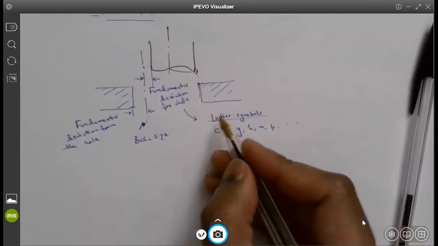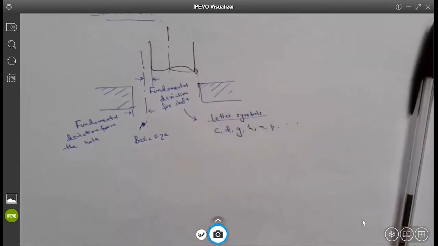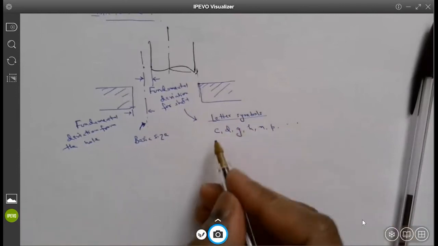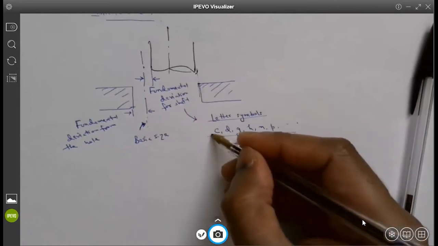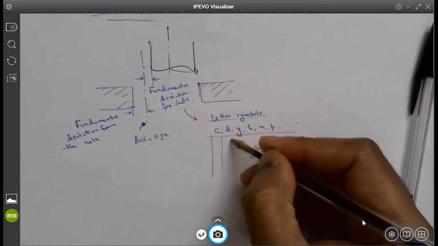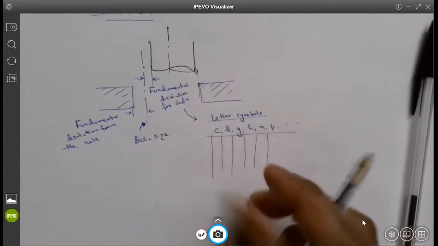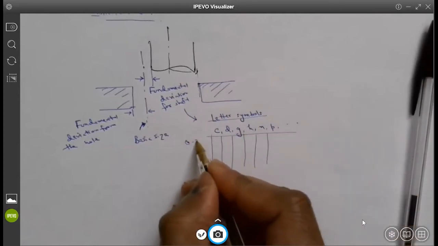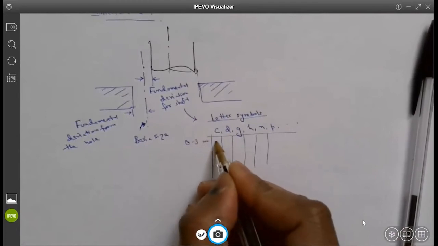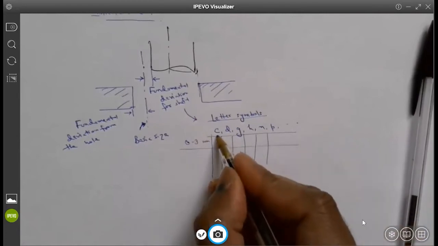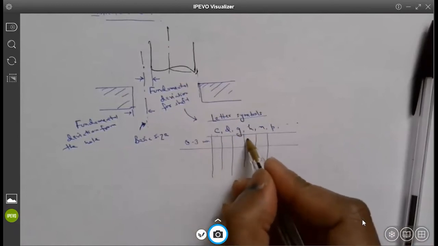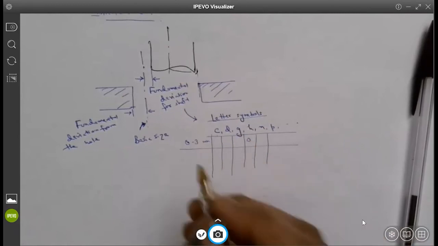In the slides, you can see a tabular chart which shows the amount of fundamental deviation for a given range of shaft sizes. You will see an amount of deviation for, let's say, 0 to 3 millimeters. What's the deviation for letter symbols C, D, G, and H? H has a deviation of 0.